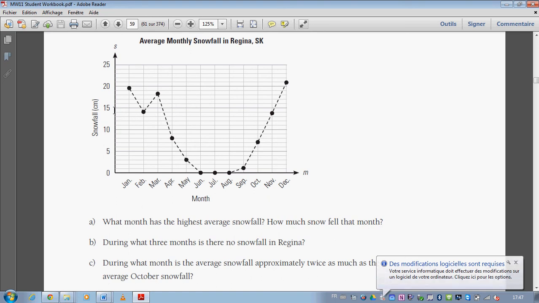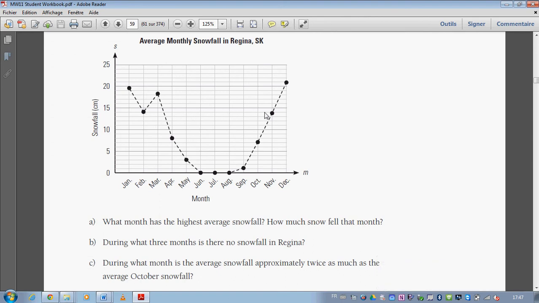We're looking for a month that's sitting at about 14 centimeters on this line right here. It looks like February is sitting on that, and November looks like it's slightly below 14 centimeters, but it looks like November and February, although February would be the better answer here.